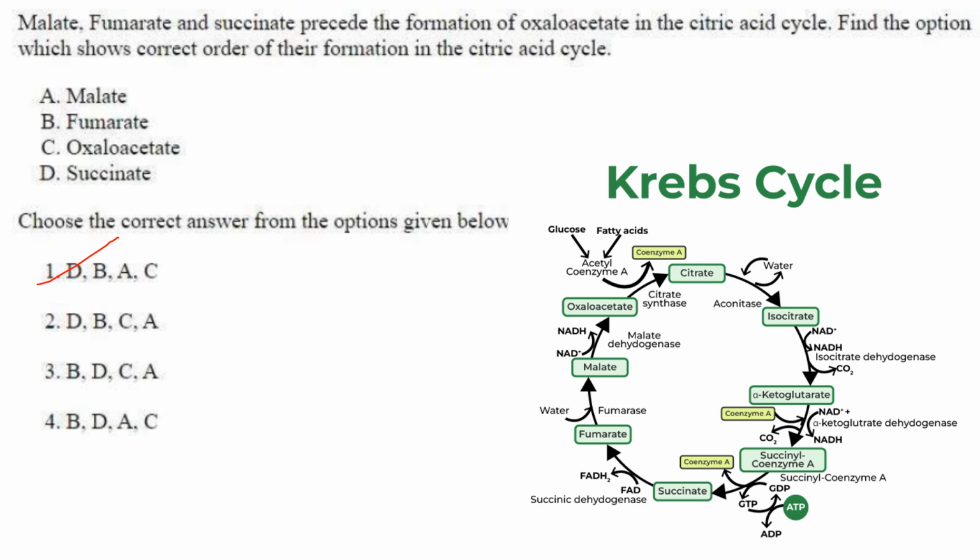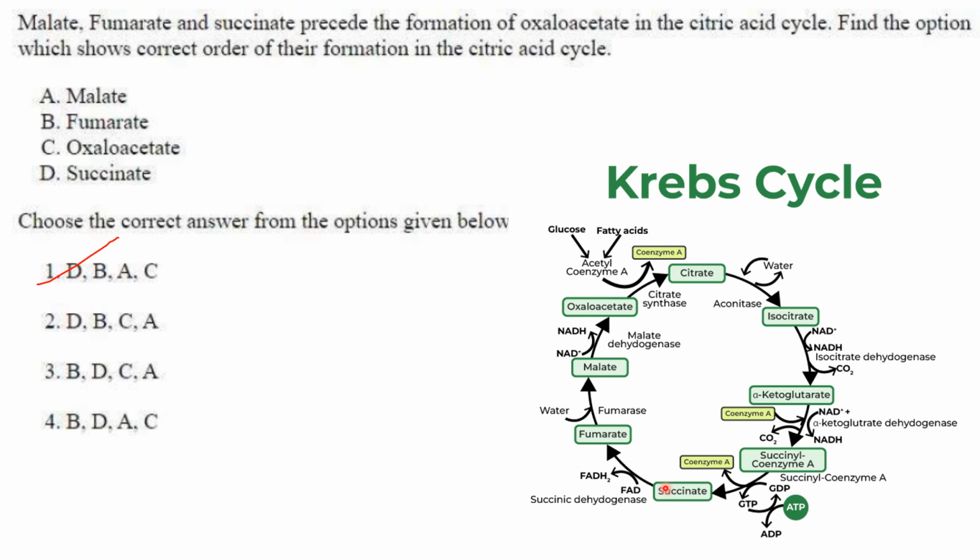Okay, first question. Malate, fumarate and succinate precede the formation of oxaloacetate in the citric acid cycle. Find the option which shows the correct order of the formation in the citric acid cycle. So this is the citric acid cycle. They have given malate, fumarate, succinate.